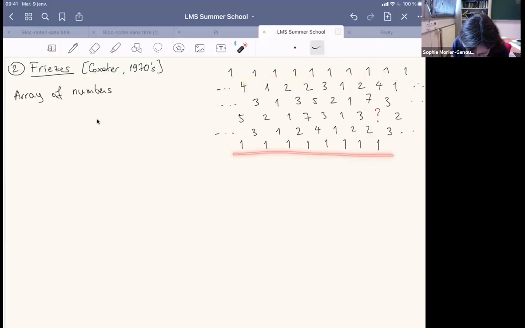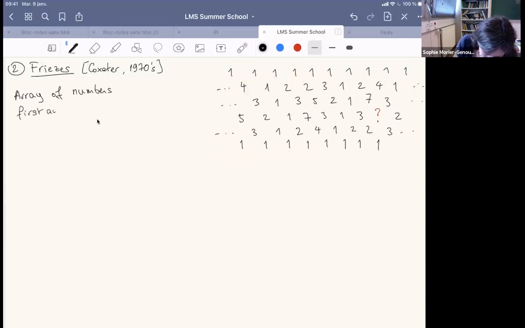The last row is a row of ones. So this is part of the definition: first and last rows are ones. And then you have these numbers inside the array, and you may wonder what's going on.